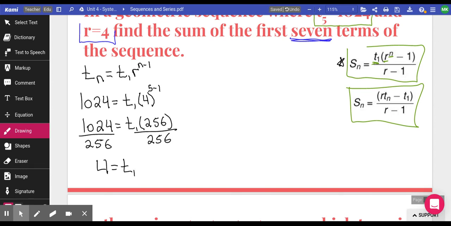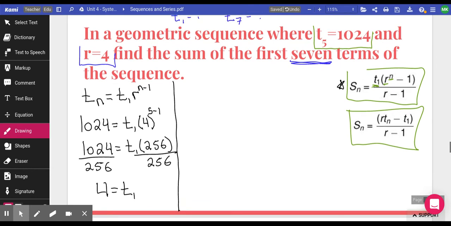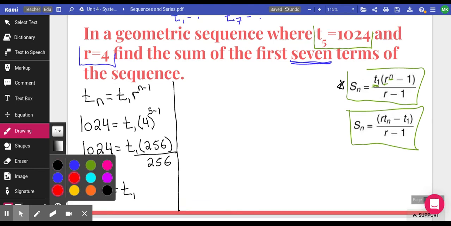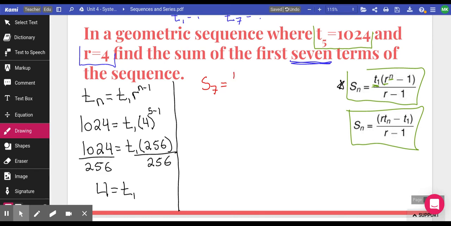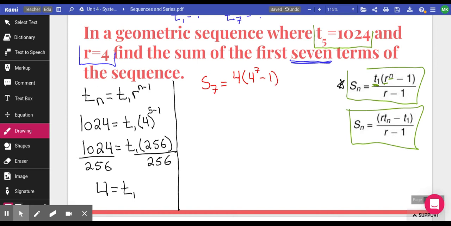Now I can go back and use this sum formula because I know T of 1, I know R, and I know N. So let's do that. I'm going to do it in different colors so it kind of stands out. Let's do it in red. So the sum of the first 7 would equal the first term, which we just found was 4, times R, which is 4, to the power of N, which is 7, and then subtract that by 1, and divide it by R, which is 4, minus 1.